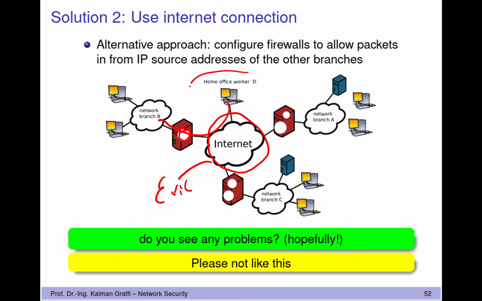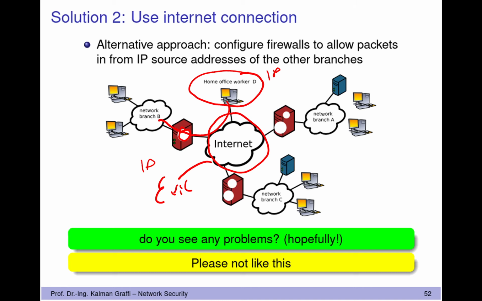But because we don't know the IP address of the home office worker that changes frequently, it would be quite an effort to always be up to date and to allow only that specific IP address that is currently active of the home office worker, and leave out the IP address of the evil persons that want to also misuse our services, access our file server. So that should also not be the way.